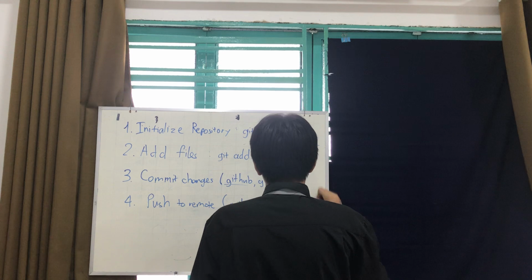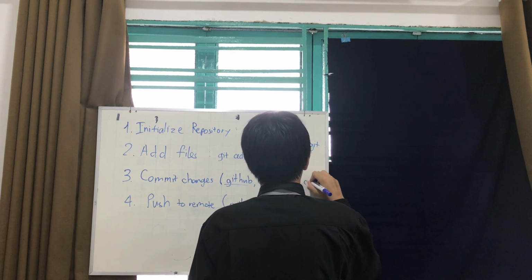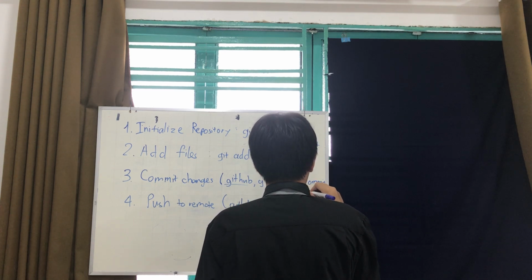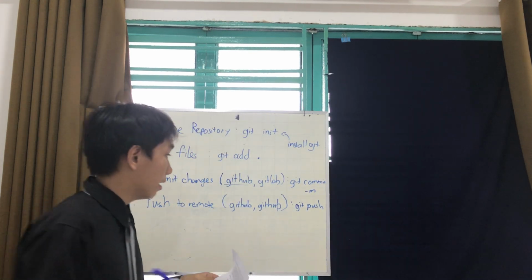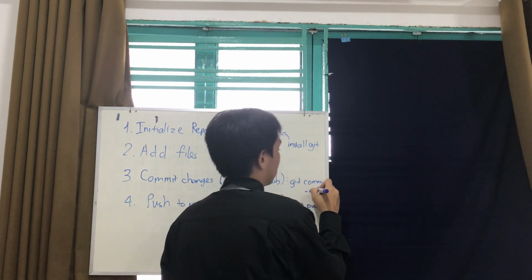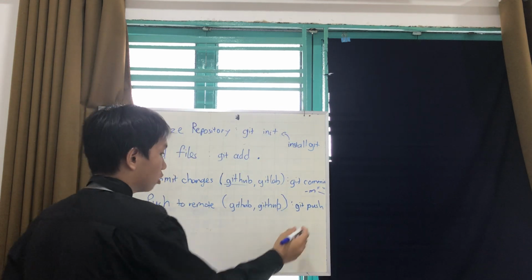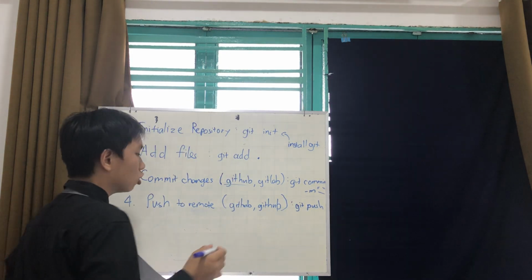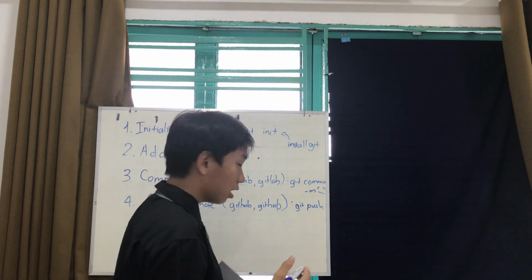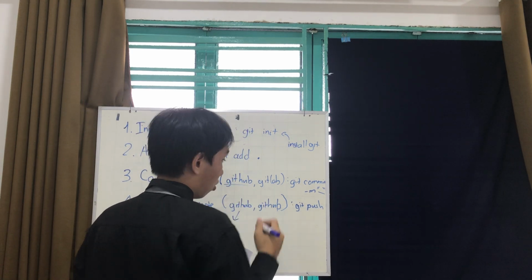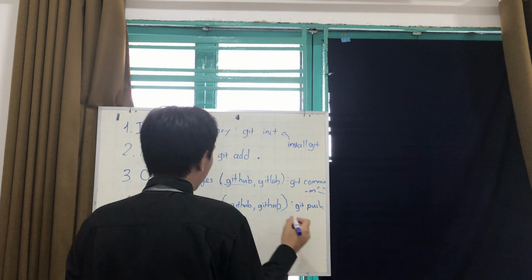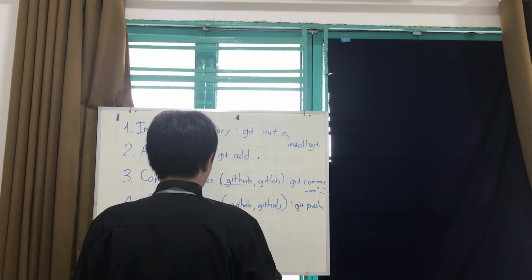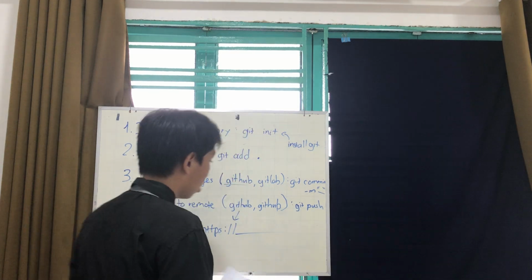You use git commit with -m for message, and then you write your message in double quotes. And then you git push. Before you git push, however, you need to state your origin. If you want to push to the remote, to GitHub, then there's an origin, a URL starting with https.